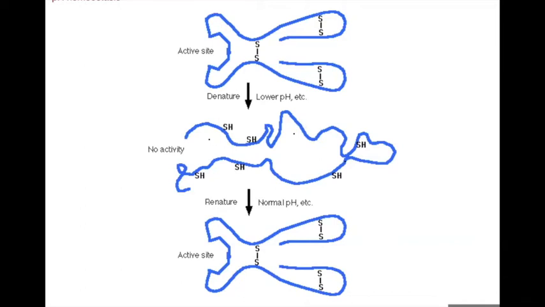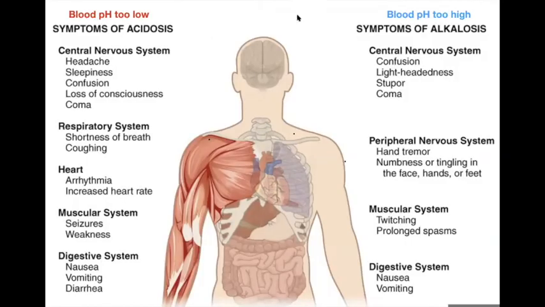Instead of these sulfur atoms binding with each other, they get hydrogen attached to them and dissociate, and the proteins become denatured. That's one way having a low pH messes up these proteins, which depend on their shape to do their job.